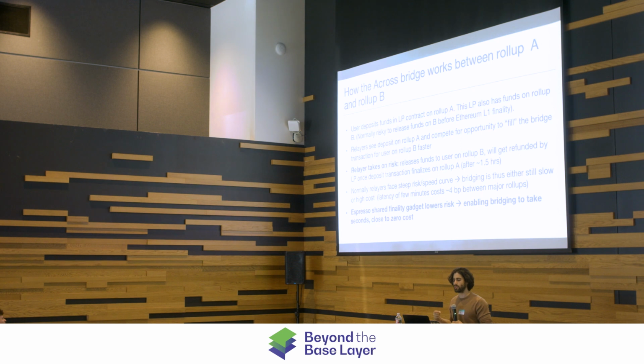But relayers participate in the Across network, and they see the deposit, and they're willing to take on some risk. So they compete for the opportunity to fill the bridge transaction. The relayer takes on the risk by releasing funds to the user on rollup B quickly, and it will get refunded by the liquidity provider once the deposit transaction is final on rollup A, which typically on Across takes a couple hours. Normally, these relayers still face this steep risk-speed curve.